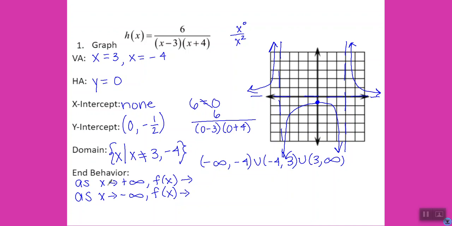So as x goes to positive infinity, so on the right, so as we move to the right, that curve is getting closer and closer to the asymptote here because it's never going to cross that. So it's getting closer and closer to 0. As x goes to negative infinity, so on the left, it's also getting closer and closer to that asymptote, so it's also going towards 0.